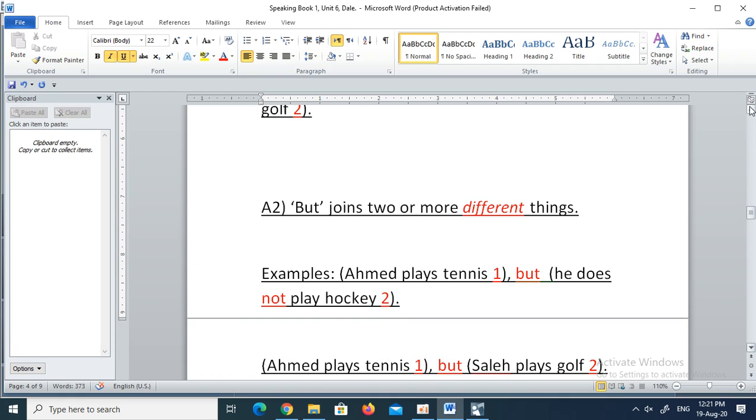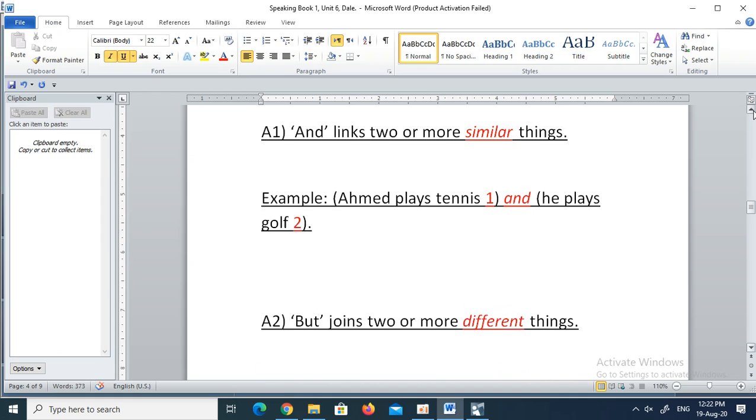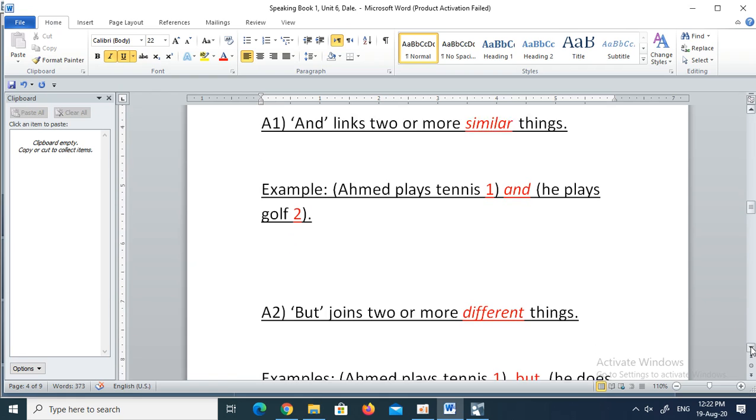So remember the difference here. But is used for different things, and is used for similar things. All right.